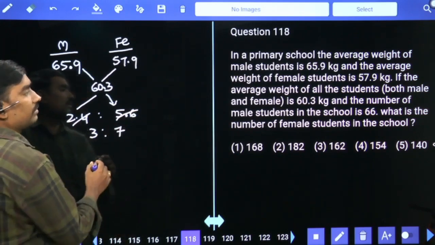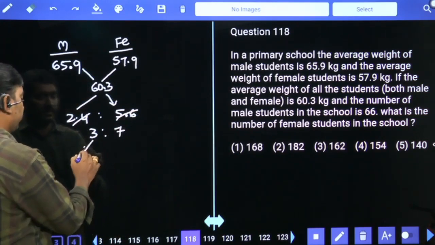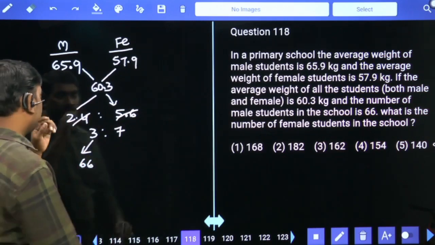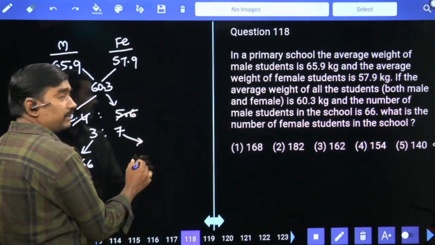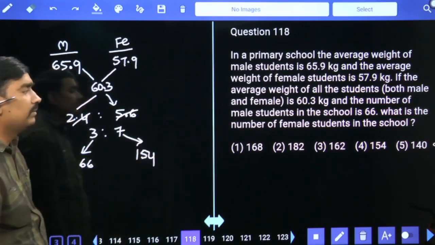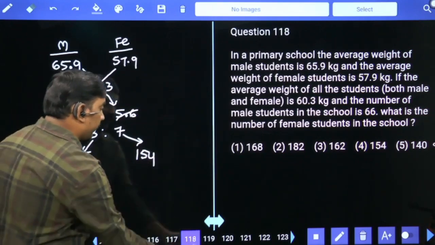Males are 66, 3 parts value 66. Then 1 part value 22. 22 times 7 is 140 plus 14, 154 is your answer. Number of females is 154.